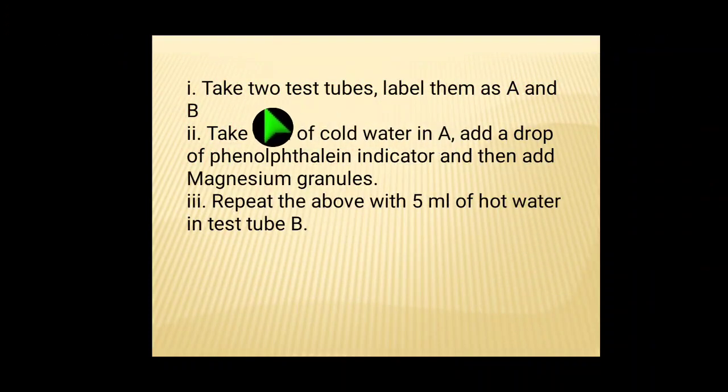Now we discuss the experiment. Take two test tubes and label them A and B. Take 5 ml of cold water in test tube A and add a drop of phenolphthalein indicator.